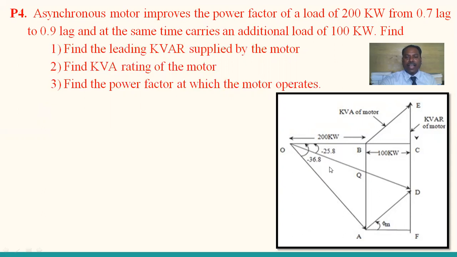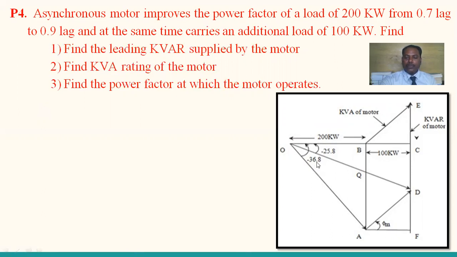Minus indicates lagging. So triangle OAB is the initial existing system with 200 kilowatts of real power and a power factor of 0.7, that is 36.8 degrees.